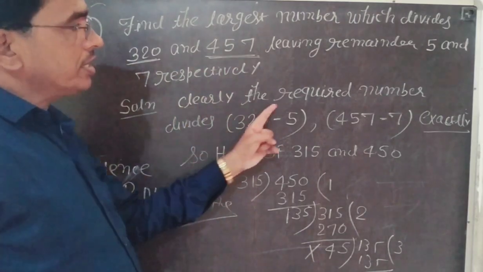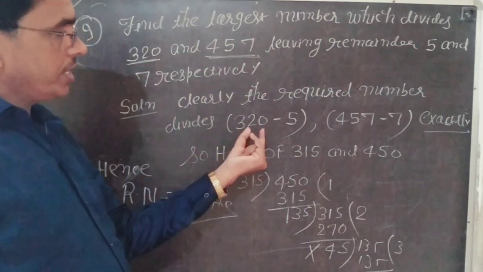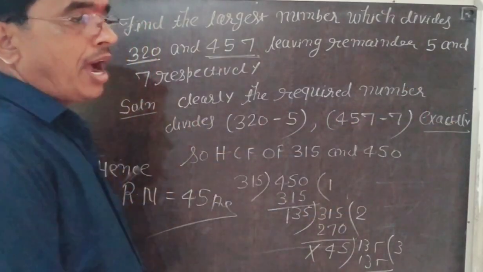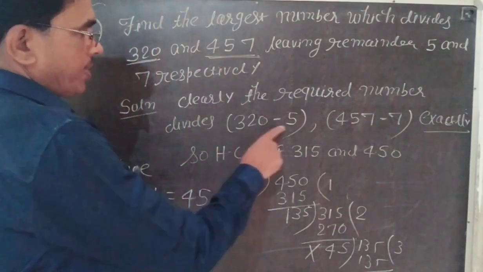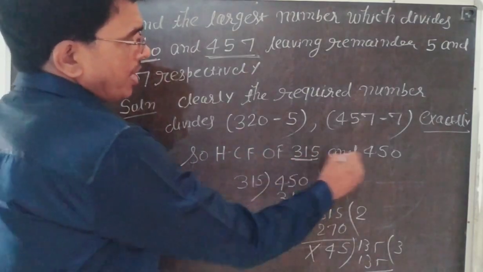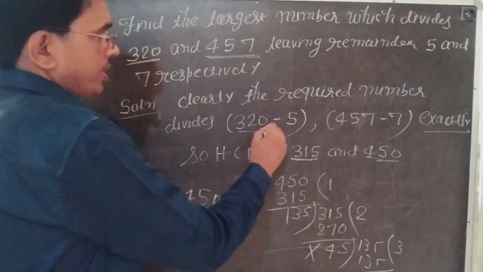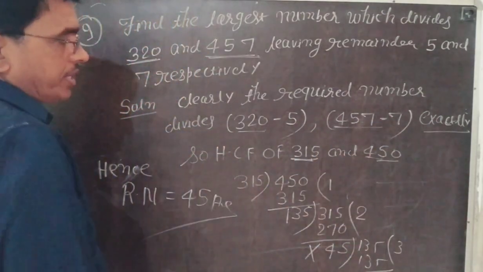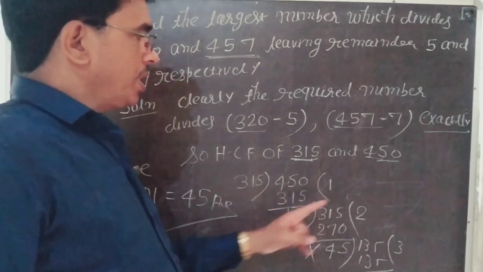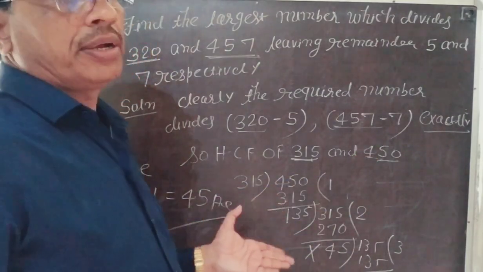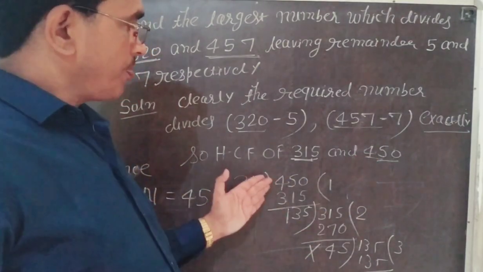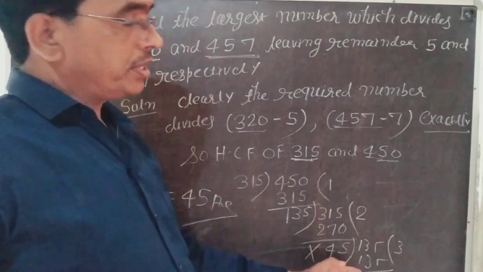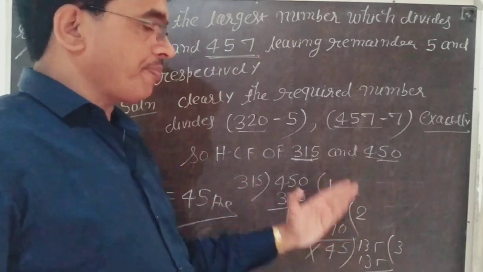Clearly the required number will divide 320 minus 5 and 457 minus 7 exactly, and that number is the HCF. So we subtract, then we get 315 and 450. Now find the HCF of 315 and 450 by the division method. By the division method you get 45 as the HCF of these two numbers.